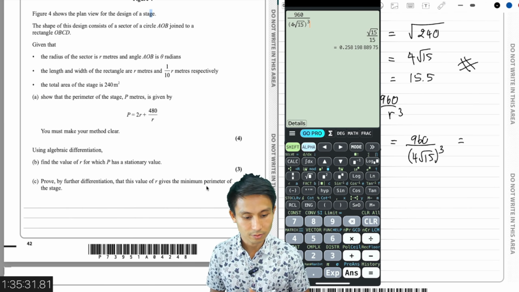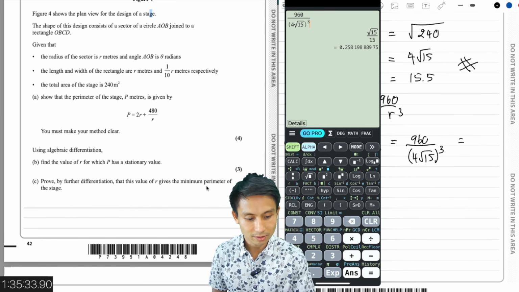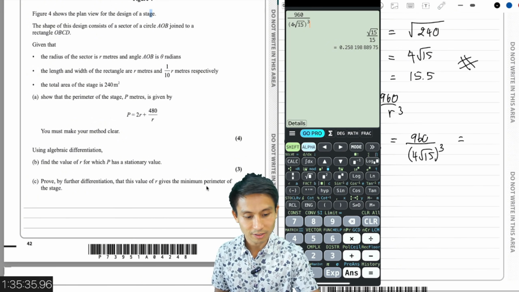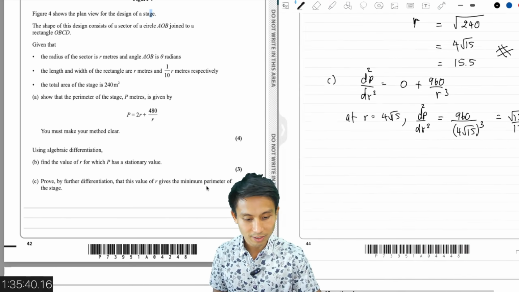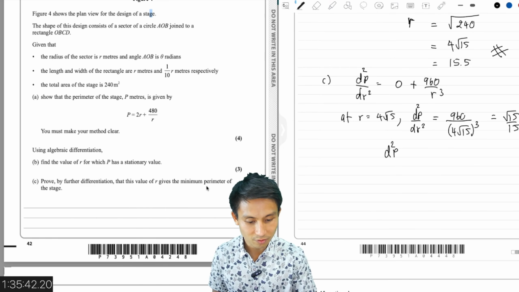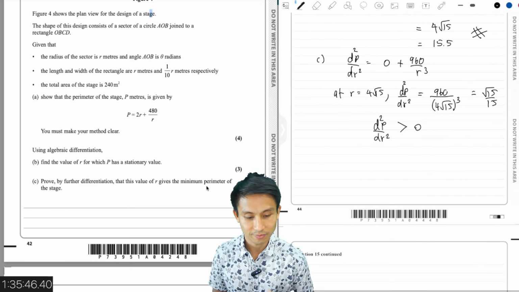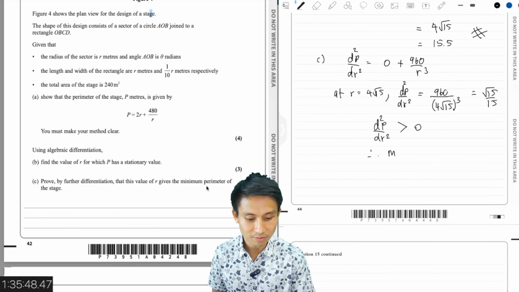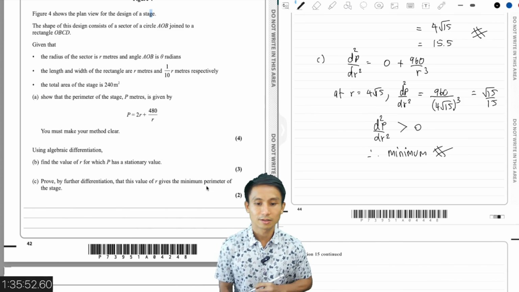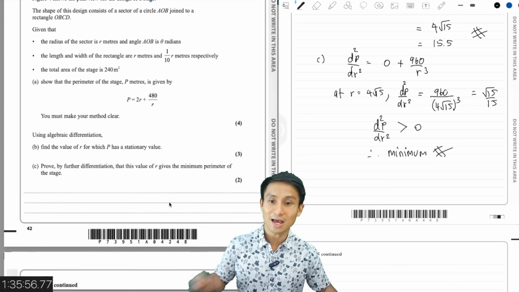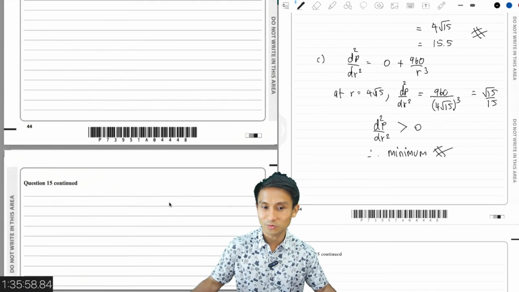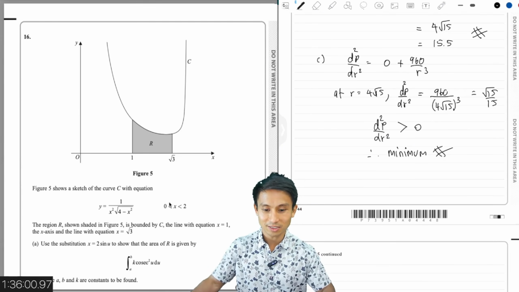We can keep the exact form there. Nice. So therefore, because the second derivative is greater than 0, this is a minimum. So we don't need to find the actual p minimum there. Okay, so we're done. Next, number 16.